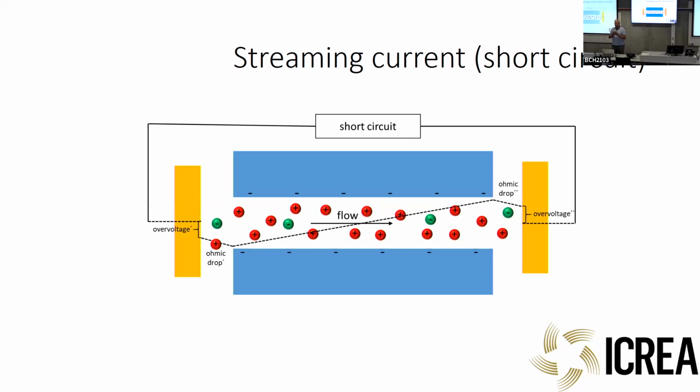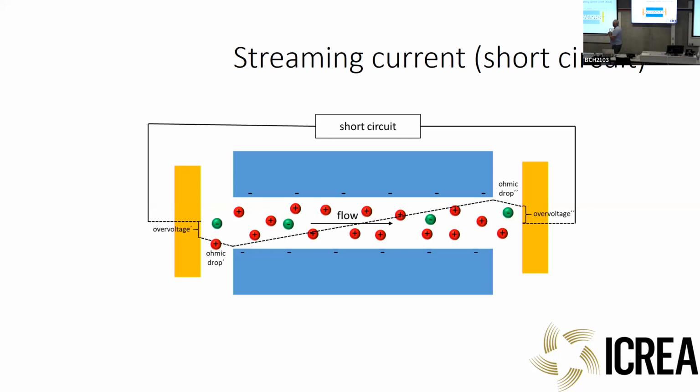By definition, streaming current occurs at zero potential difference. This is important to realize. So streaming current is a non-potential phenomenon. You cannot apply Ohm's law to it, or Kirchhoff's or whatever, which states that to have current, you need the potential difference. Here, you have current at zero potential difference.